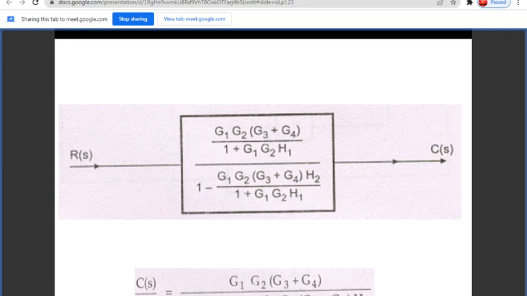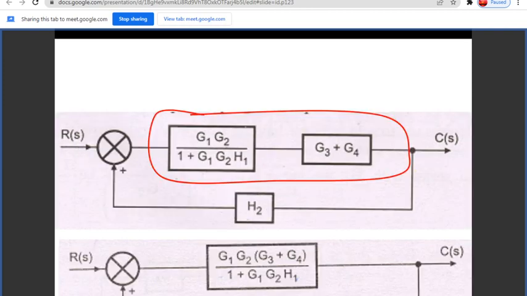You can see here we have combined the cascade process until we have a positive feedback system.